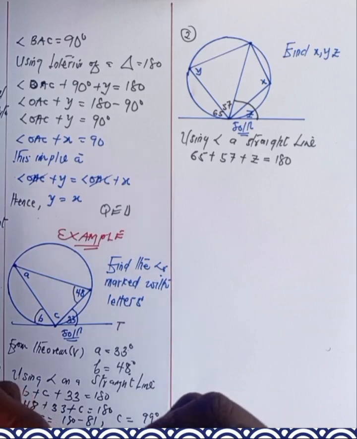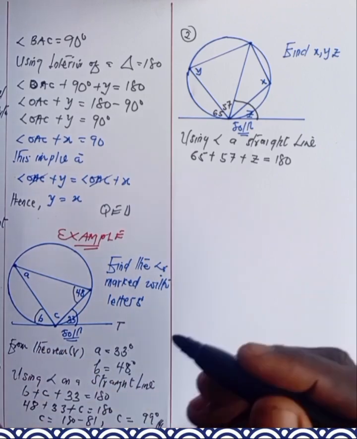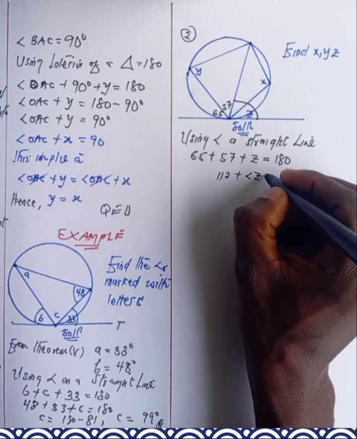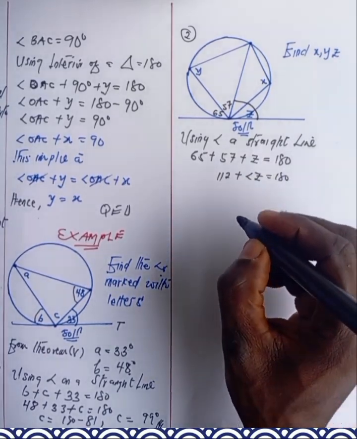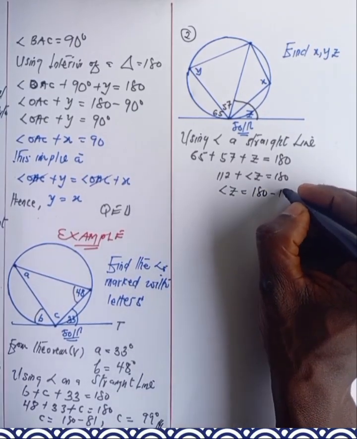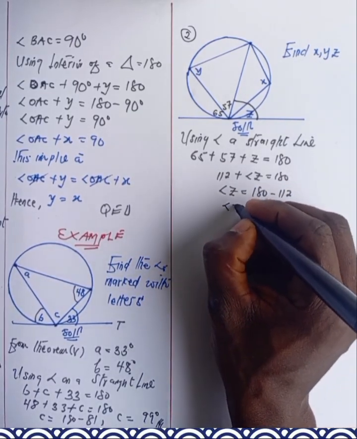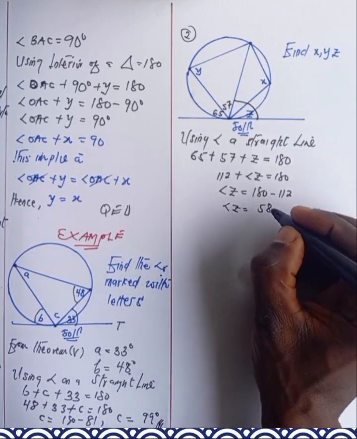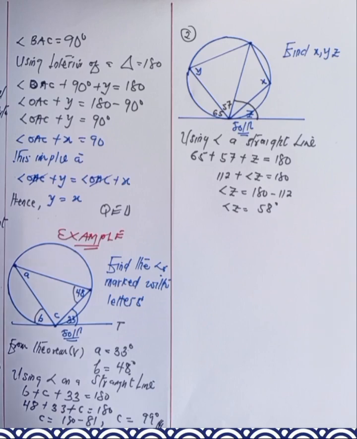And we know that 65 plus 57 will give us 112, plus angle z should give us 180. Therefore our angle z is equal to 180 minus 112, and z is equal to 58 degrees. So we are done with z.